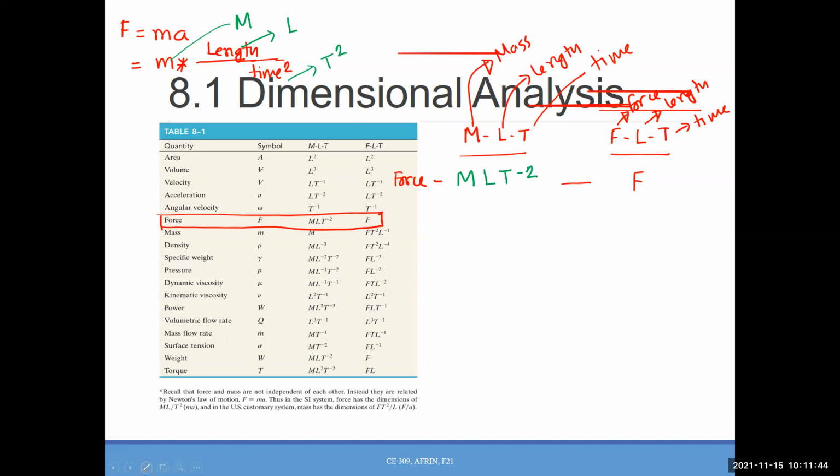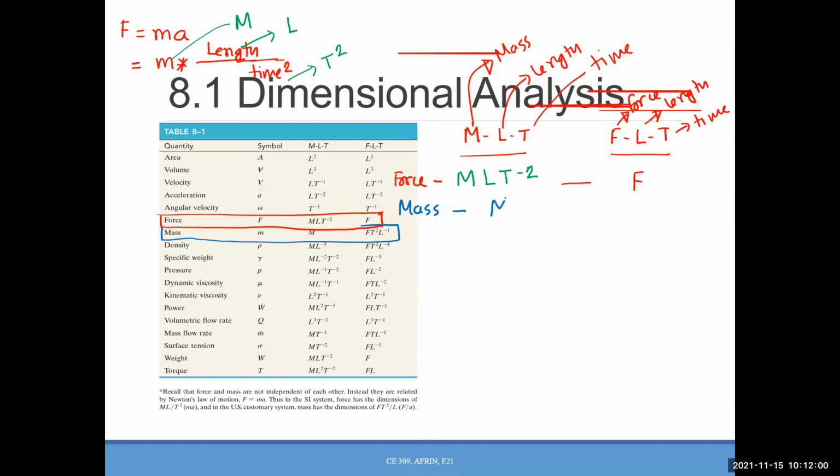Let's consider one more example, the mass one. Okay. So for mass in the MLT system, there is no length, no time.